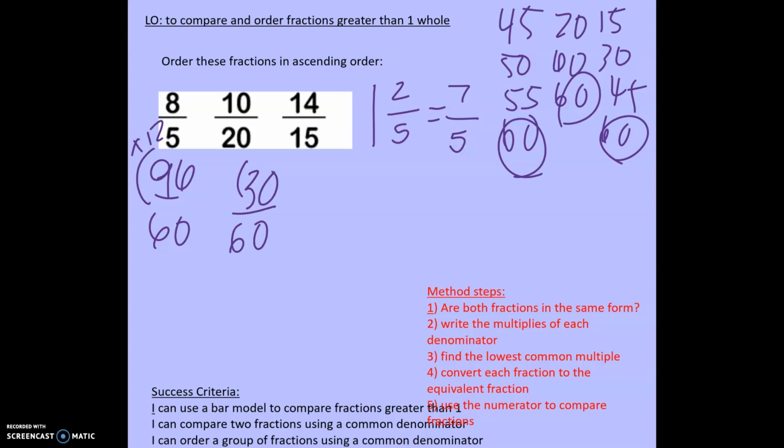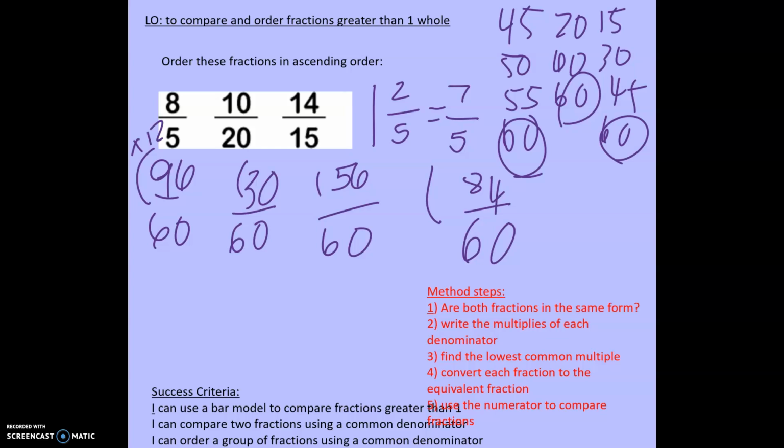So I have 30/60ths. We've got 14/15ths: 15 times 4 is 60, 14 times 4 is 56. And finally, 7/5. I know that 5 times 12 is 60, and 7 times 12 is 84, so I've got 84/60ths.